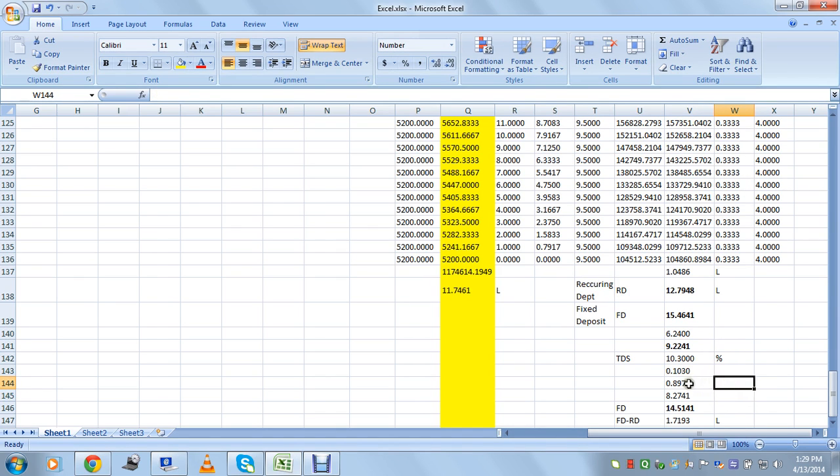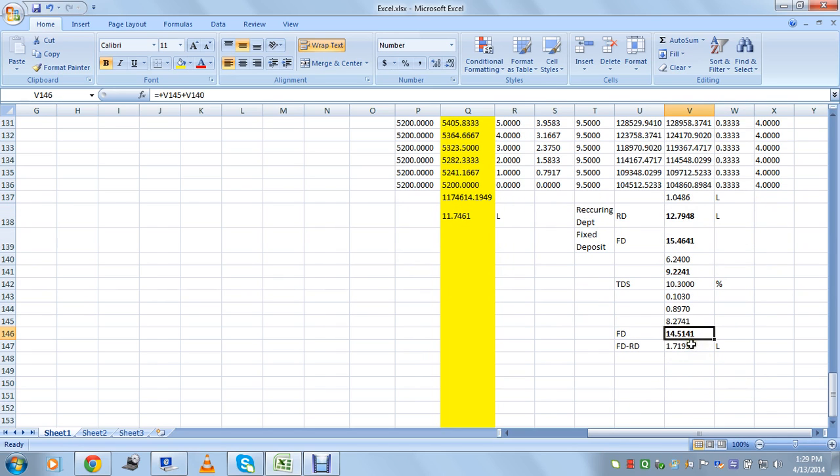The 10.3% TDS is subtracted, and the net value would still be 14.51 lakhs. It's almost 0.9 times 15 lakhs, just 1 lakh lesser, so it is still 14.5141 lakhs.